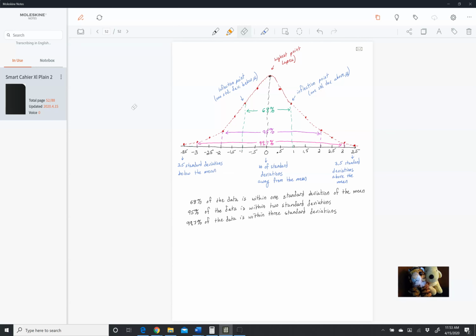Okay, so the negative means below. Okay, so here's something else that's standard, okay? The area under the curve, or the amount of data that exists below the mean, is 50%. 50% of the data is below the mean, 50% of the data is above the mean. That's what means it's symmetrical, okay? So we'll write that one down too.